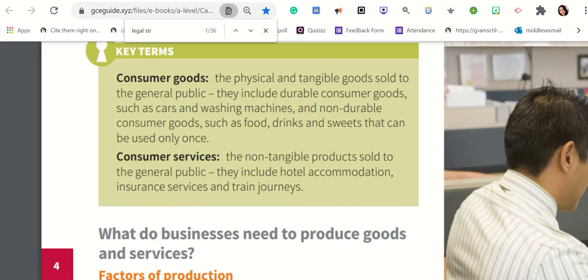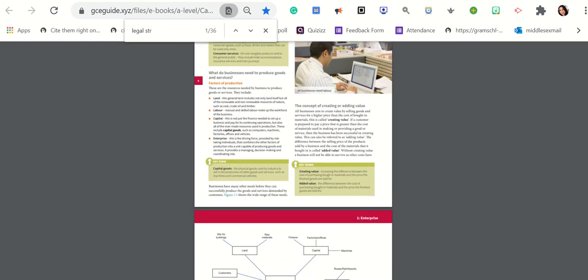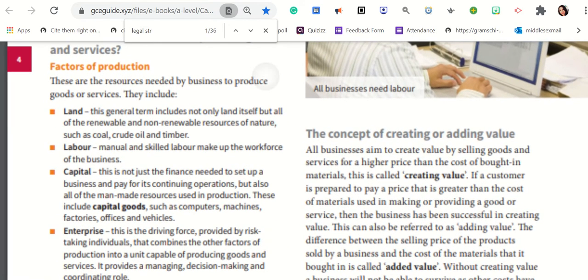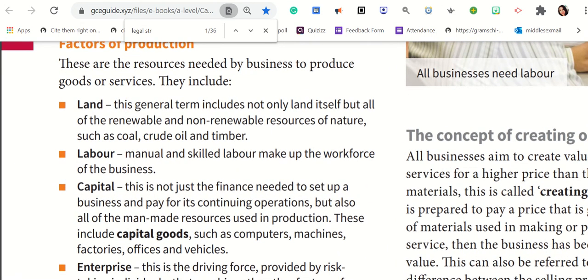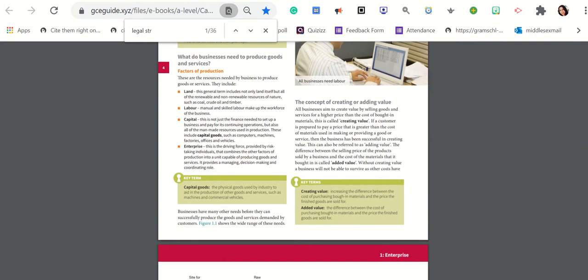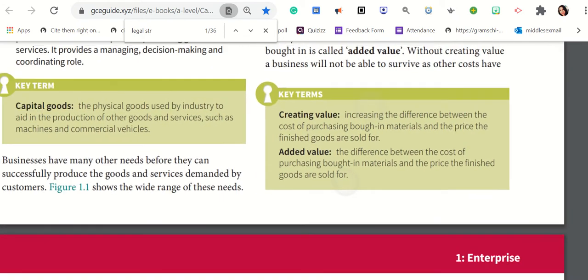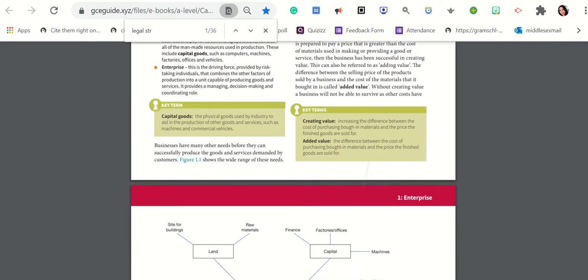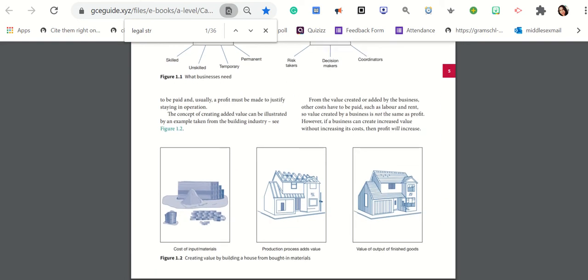Consumer goods, consumer services, then you have factors of production, underneath that land, labor, capital, enterprise, capital goods, added value, creating value. Now these are all the key words that you should know.